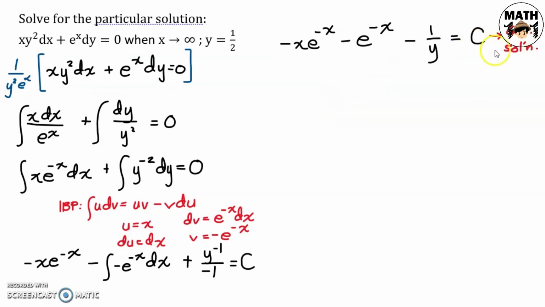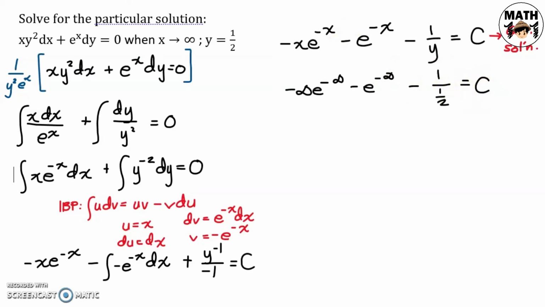So this is now the general solution of the differential equation. To solve for the constant c, palit lang natin yung initial condition for the values of x and y. So, negative infinity, e raised to negative infinity, minus e raised to negative infinity, minus 1 over 1/2, that is equal to c.